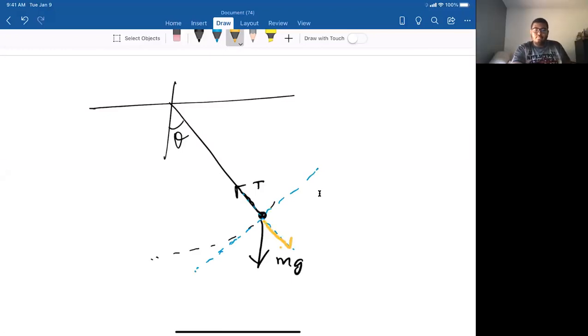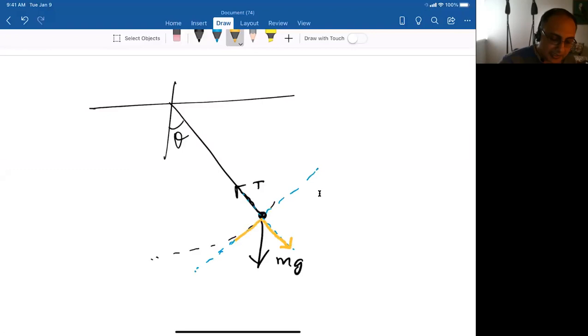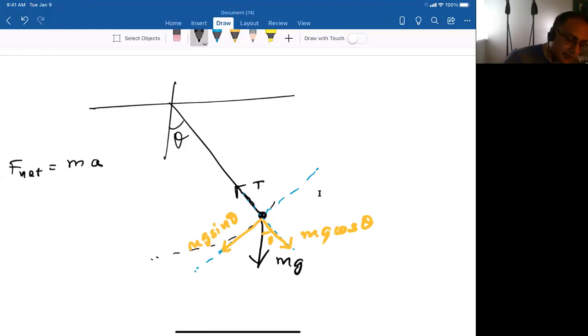So mg, there'll be one component like this, another component in the tangential direction. That tangential component is the one that we are interested in for now, but as an exercise, we might as well just write down Newton's second law again. So this one will be mg cosine theta, and this one will be mg sine theta. Let's write down Newton's second law. F net equals mass times acceleration, both in the radial and the tangential directions.